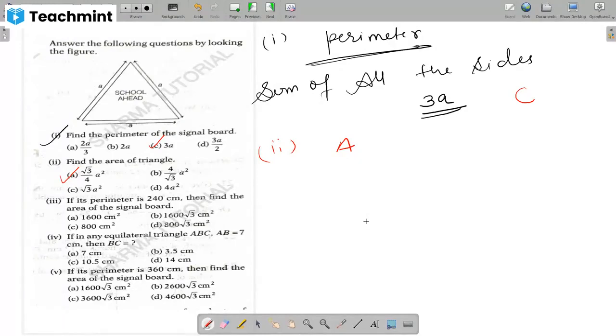In that question we were given the perimeter as well. It's an equilateral triangle and the perimeter is given, so first we find the sides of the triangle and then the area. So you want me to solve this question by Heron's formula, this one? Yes, ma'am.